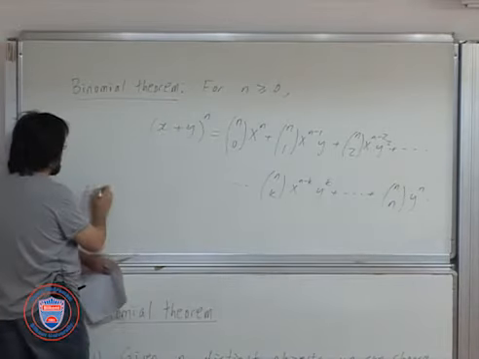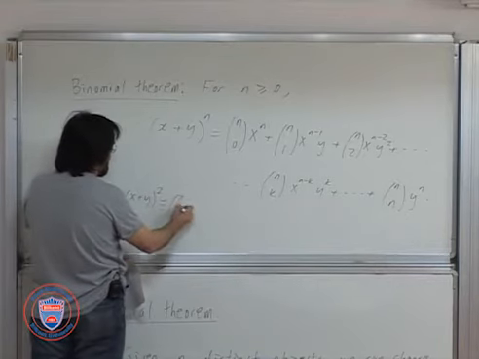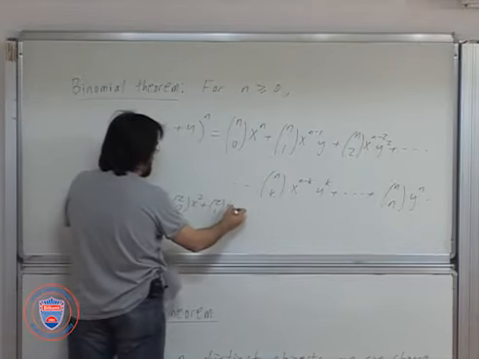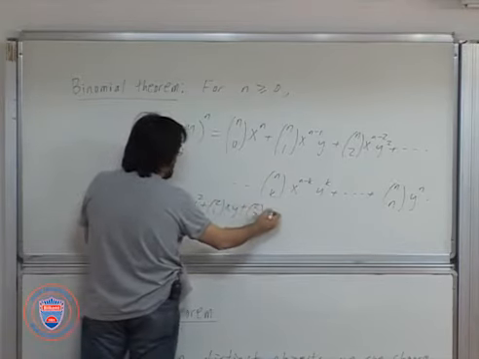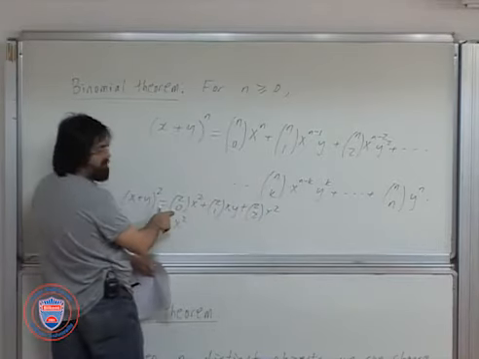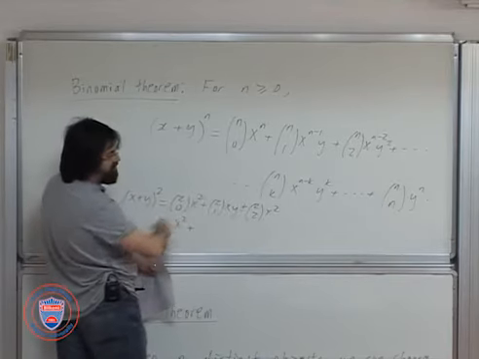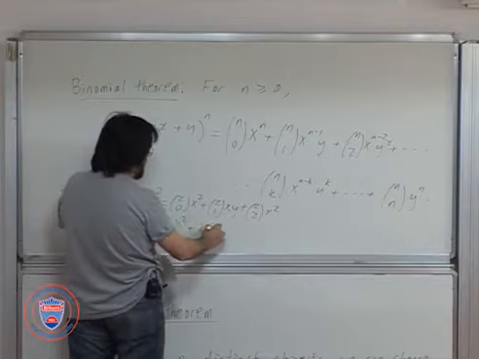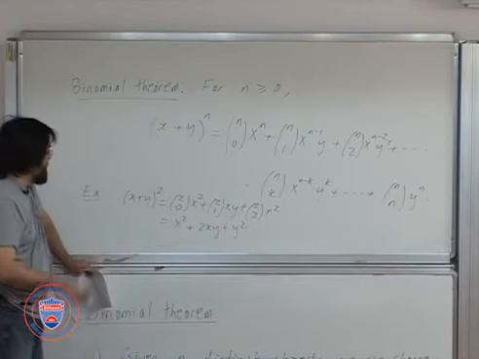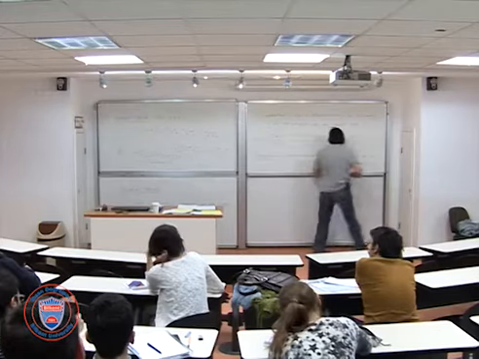For example, (x plus y) squared is 2 choose 0 x squared, plus 2 choose 1 xy, plus 2 choose 2 y squared, which becomes, because 2 choose 0 is just 1, x squared, and 2 choose 1 is 2 by this formula again, 2xy plus y squared. So you can expand these using this formula.